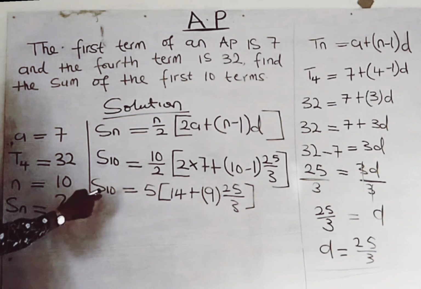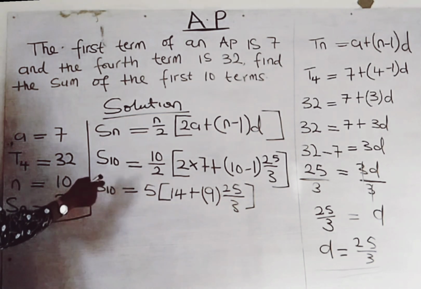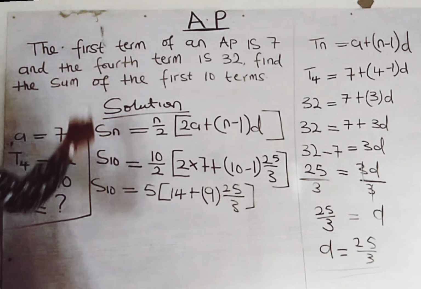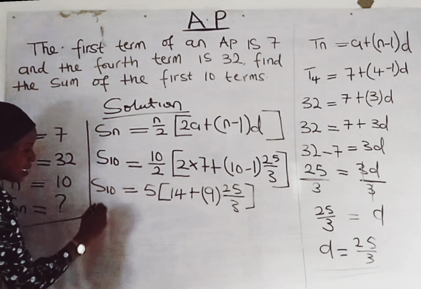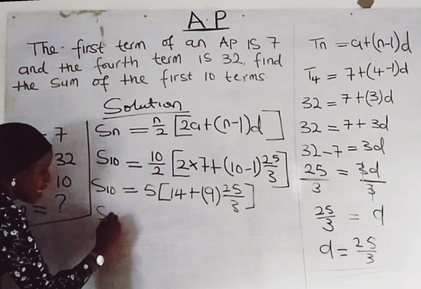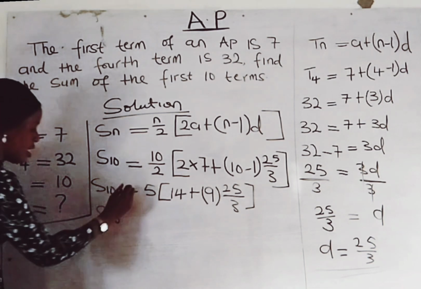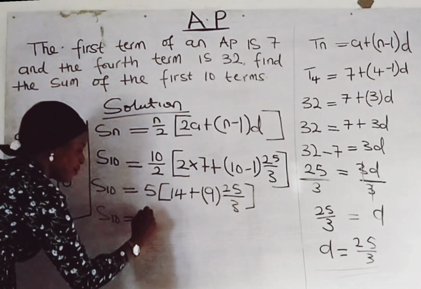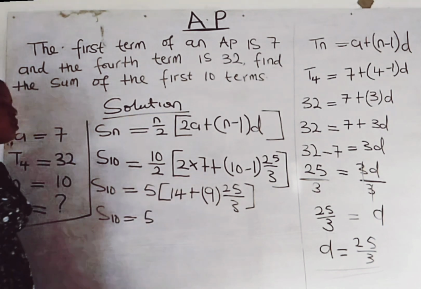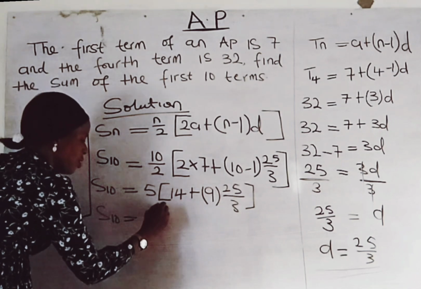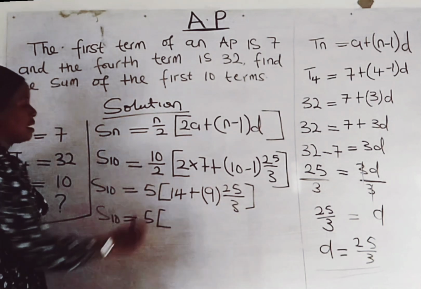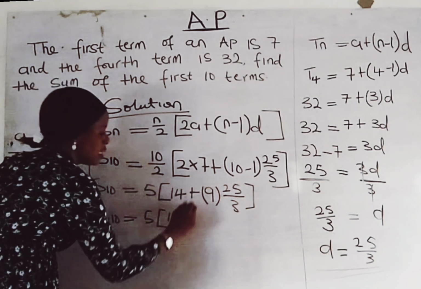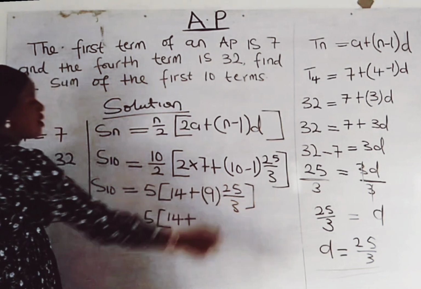We are solving to get the value of the sum of the first 10 terms of this AP, which is S10. So carry it down again. S10 is equals to, I still have my 5, not yet time to use it. Open this bracket, still write my 14, same. Put this plus, then I come this side.